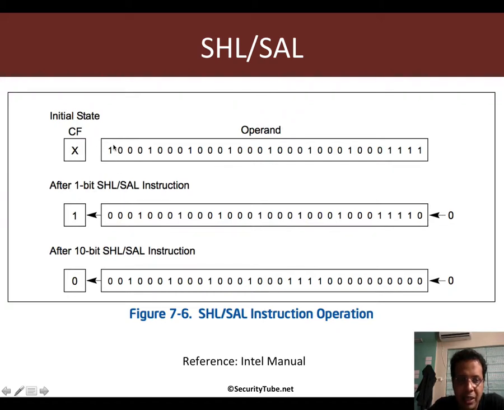What happens then is that the most significant bit of the operand is replicated into the carry flag. In this case it was 1, so we got 1 in here when we shifted left by 1 bit. The least significant bit is automatically put in as 0, right?